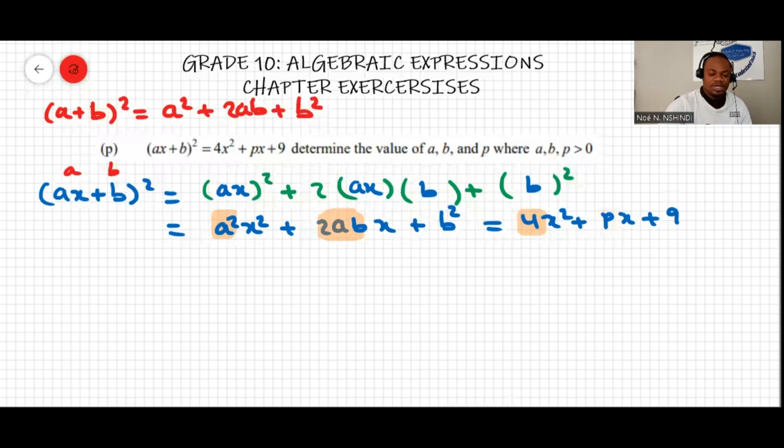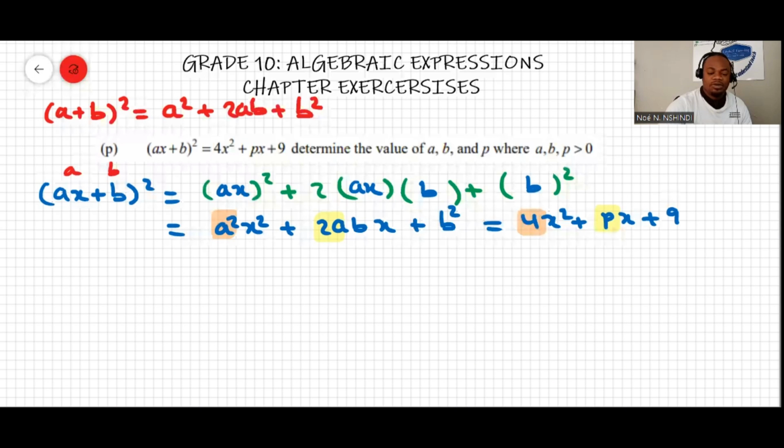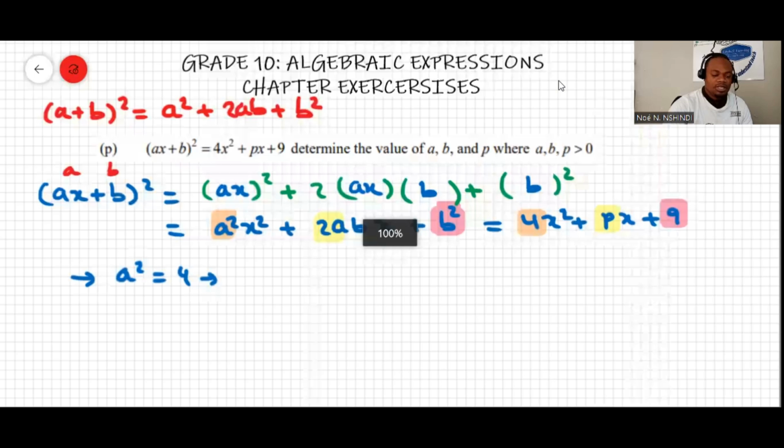Let me just change the color. So yes, 2ab equal to p, and then we can also equate the constant term. This simply means that a squared equals 4. So a will be equal to 2, because when we square root both sides, we get 2.